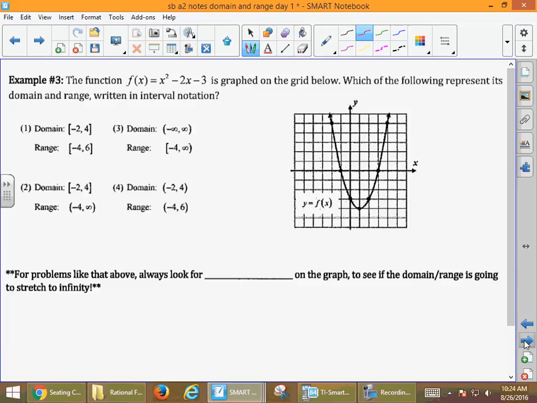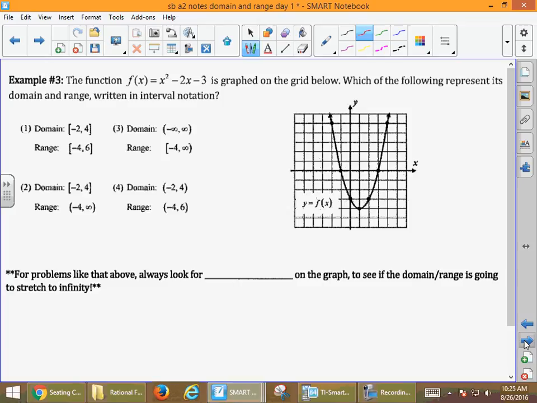So essentially what we're doing on this problem, again, is we're looking for the smallest x value and the biggest x value to determine our domain. And we're looking for the smallest y value and the biggest y value to represent our range.